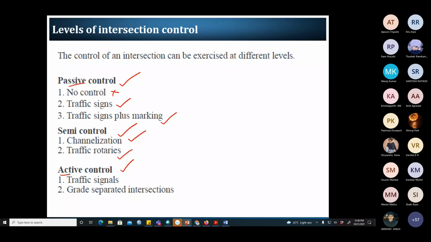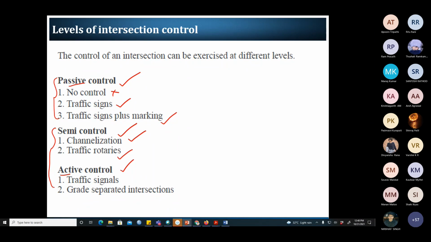So these are the three controls we provide in the field. The first, passive control, we covered in the previous classes: traffic signboards and markings. In today's class we will try to cover the remaining components, the semi control and the active control.